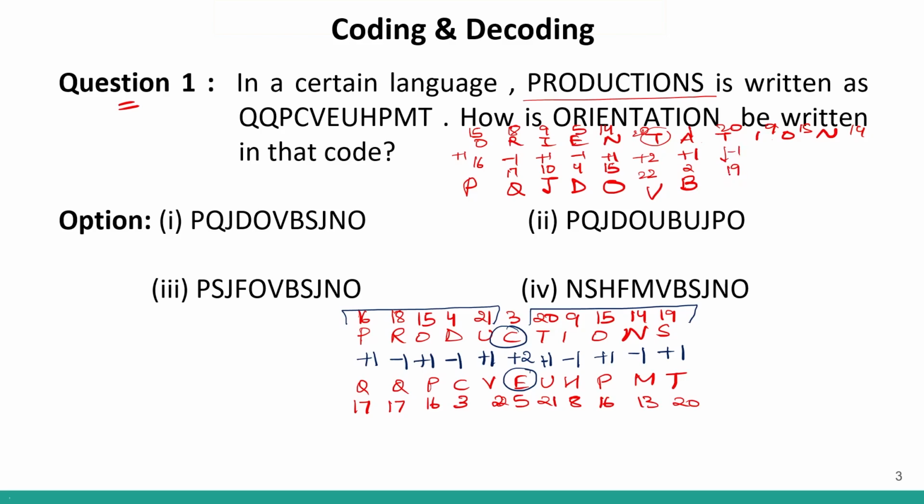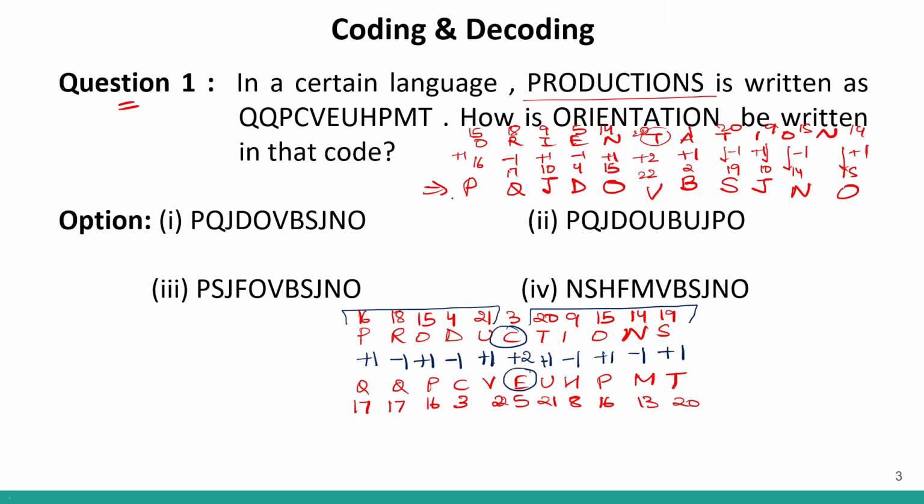We will have what? At 19th position we will have S. Correct? Over here plus 1. 10th position we will have J. Over here O minus 1 we will have 14th position N. And over here plus 1 we will have 15th position A. So the code will be P Q J D O V B S J N O.